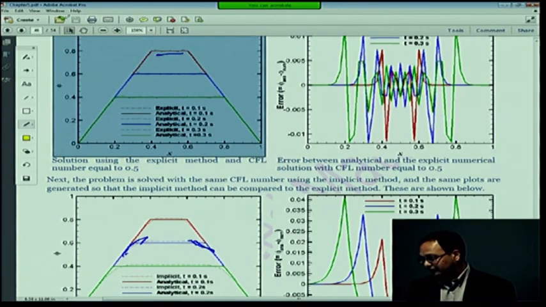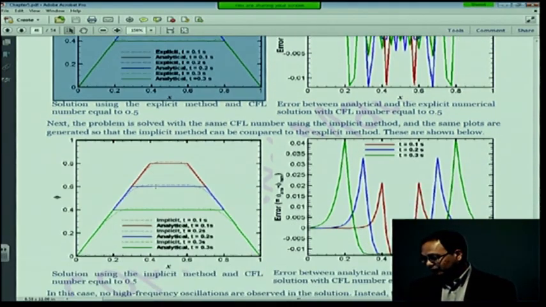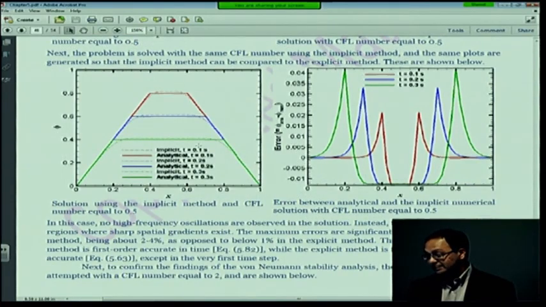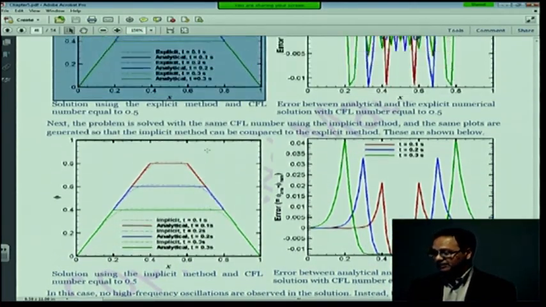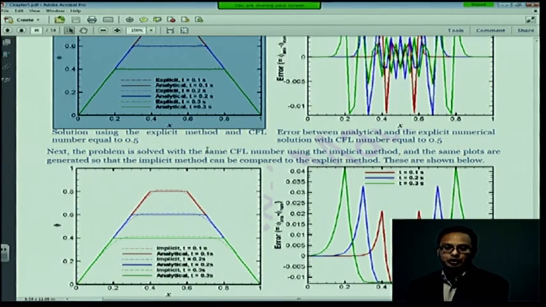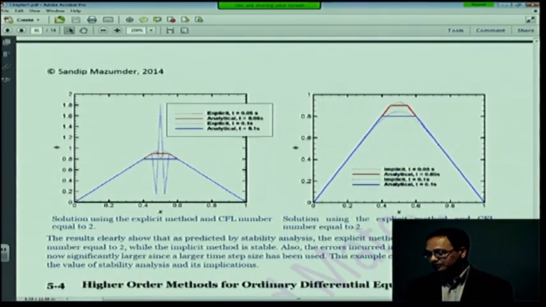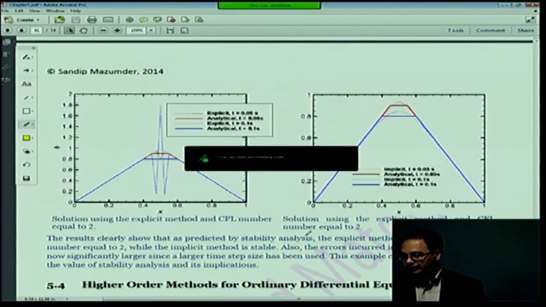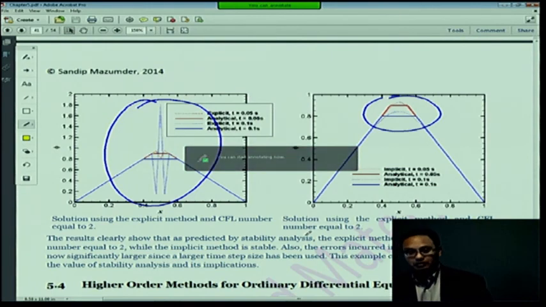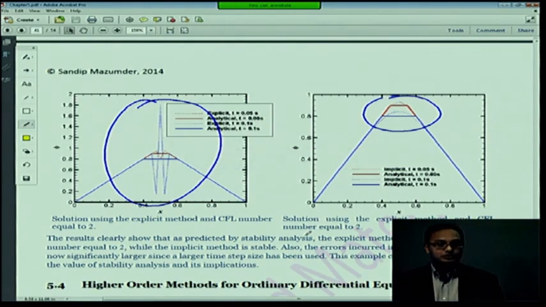Then what happens if we go above the CFL of 1? So this is all CFL of 0.5. Both methods worked. If we go above CFL of 1, this is for CFL of 2. This one I showed you already. The method blows up. Here, still a bounded solution. Of course, the solution is not as good. Instead of a trapezoid, you get kind of like a parabola.